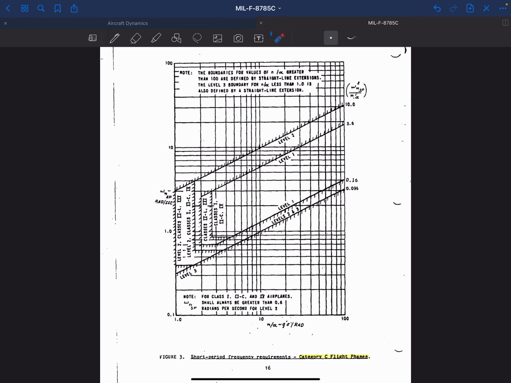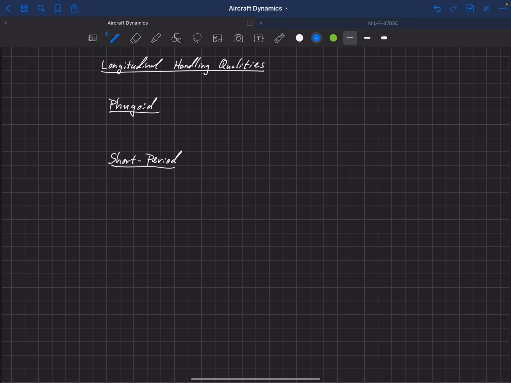Okay, so let's just come back over to our document and summarize what we know about the short period. So we have this thing called the acceleration sensitivity, n over alpha. That's the acceleration sensitivity, and it also depended on omega n of the short period.